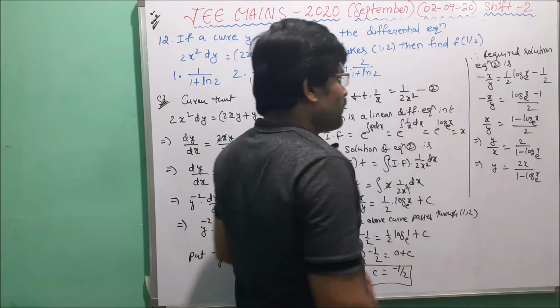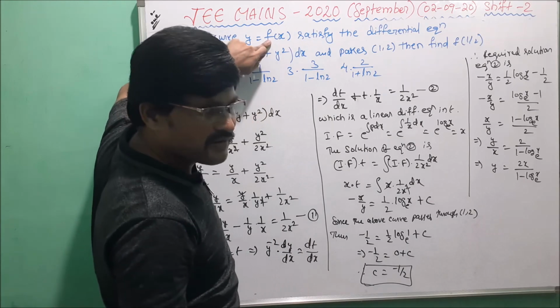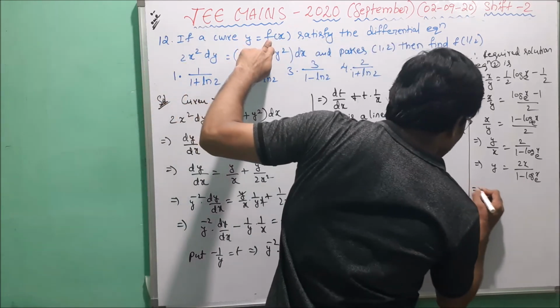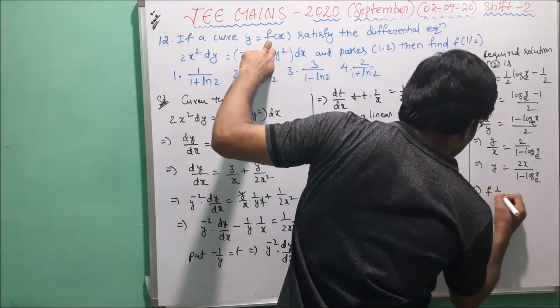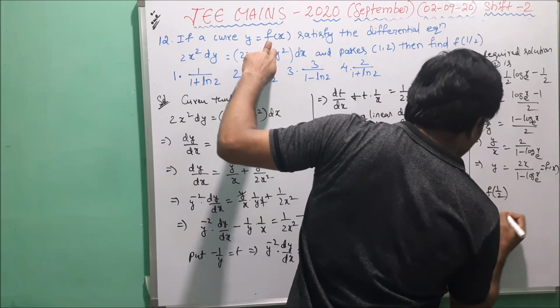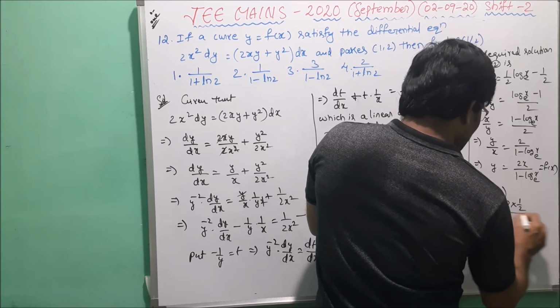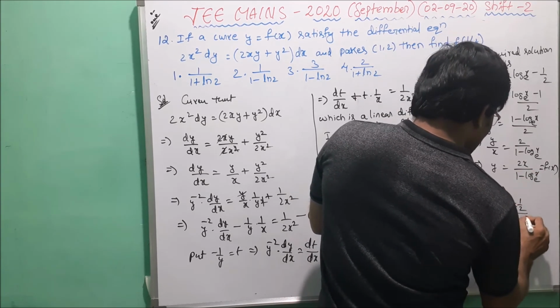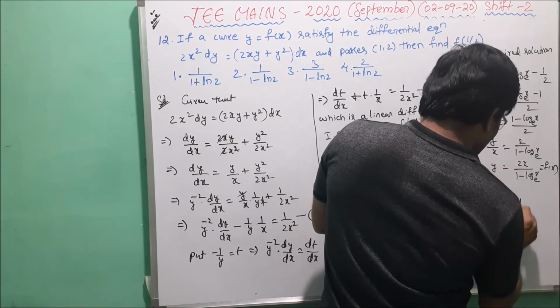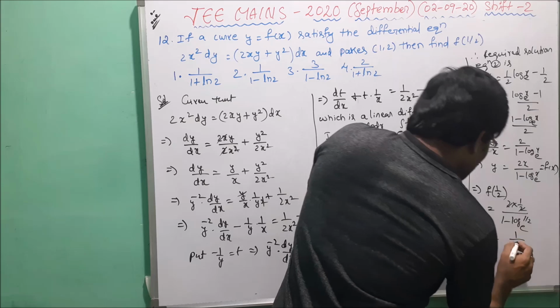To find f(1/2). Here y equals f(x), already given. That means f(1/2): this is f(x). f(1/2) equals, here we take x as 1/2, 2 into 1/2 divided by 1 minus log(1/2) base e. The 2 cancels, so the numerator equals 1.